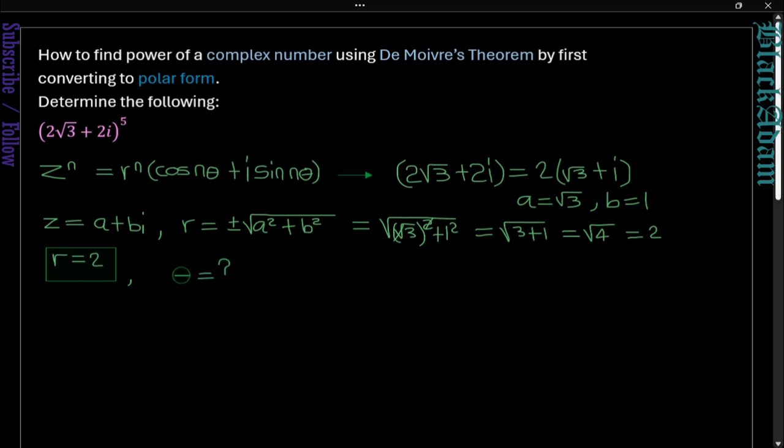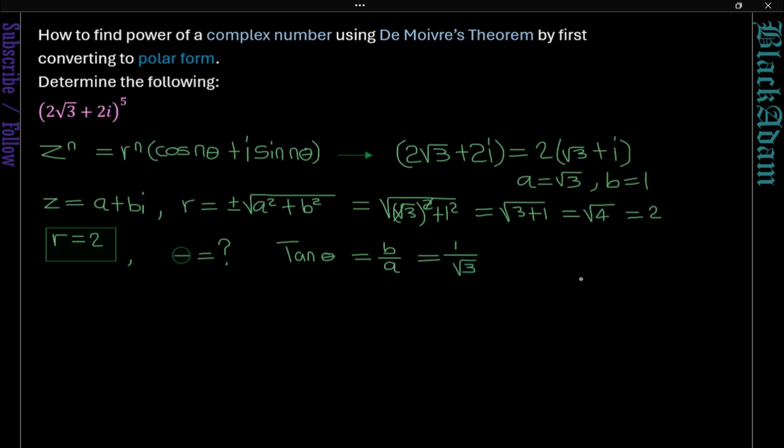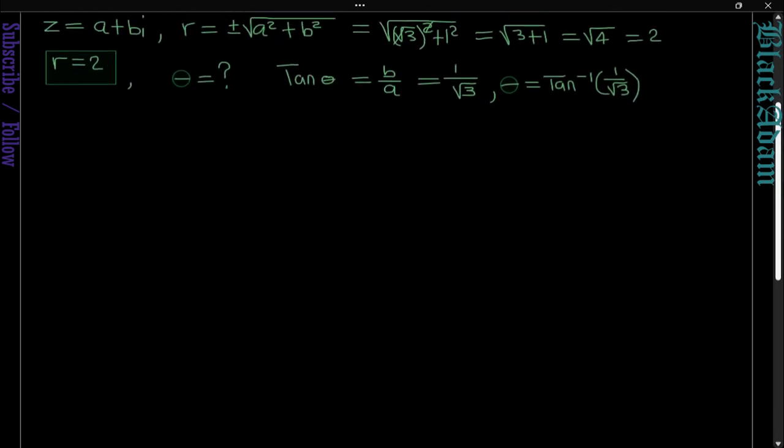We don't know what theta is, but we do know how to find it. Tan theta is equal to b over a, where b is 1 and a is root 3, so theta is tan inverse of 1 over root 3.